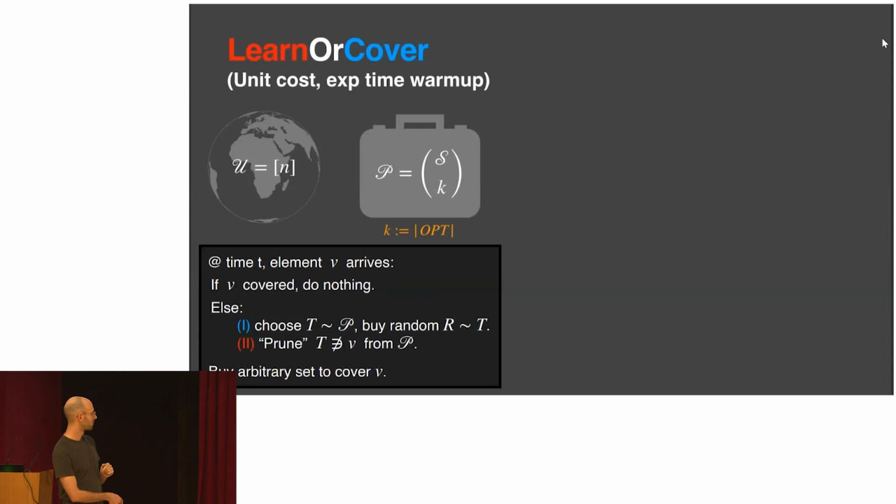I'm thinking of P as everything that could be the optimal solution. The optimal solution is feasible. So if something doesn't cover the incoming element, it's definitely not the optimal solution, so I'll throw it out. This is a different T, actually, sorry. Every T prime from my portfolio that does not cover the incoming element, I know is not the optimal solution, so I'll get rid of it.